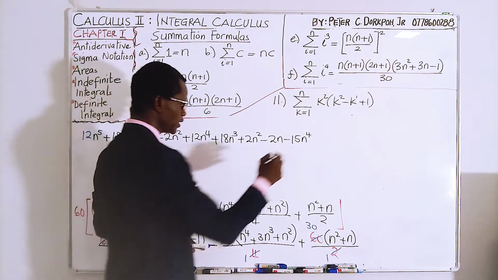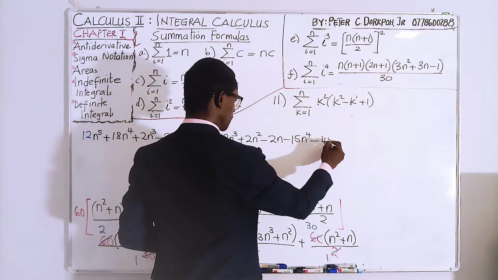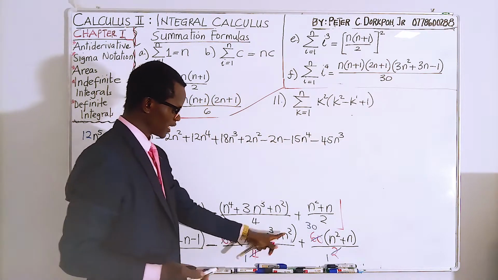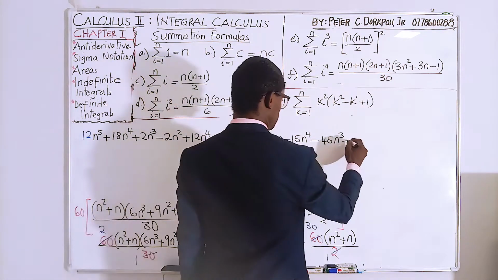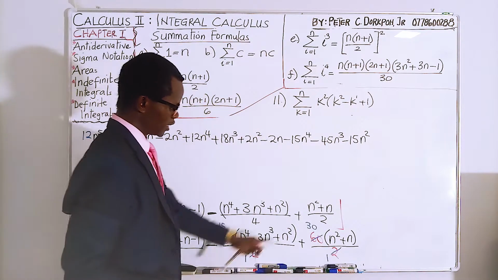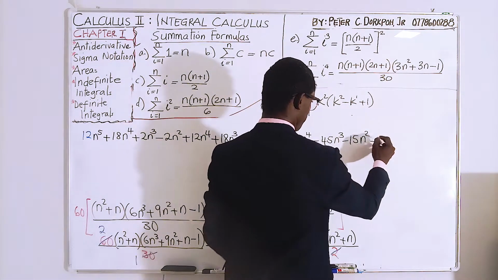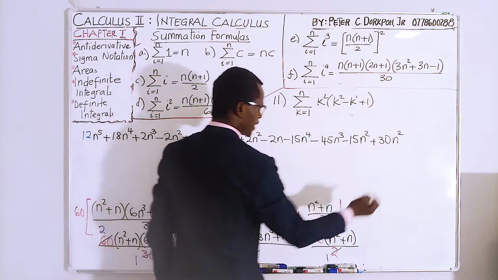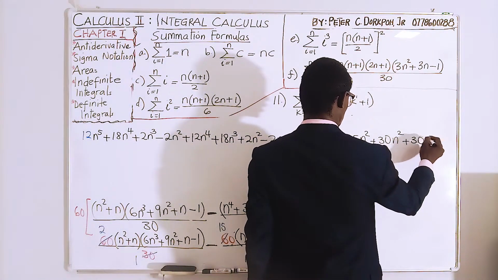So 15 times 3 now is 45, so negative 45n to the third power. 15 times n squared is 15n squared. Then 30 times n squared is 30n squared. And 30 times n is 30n.